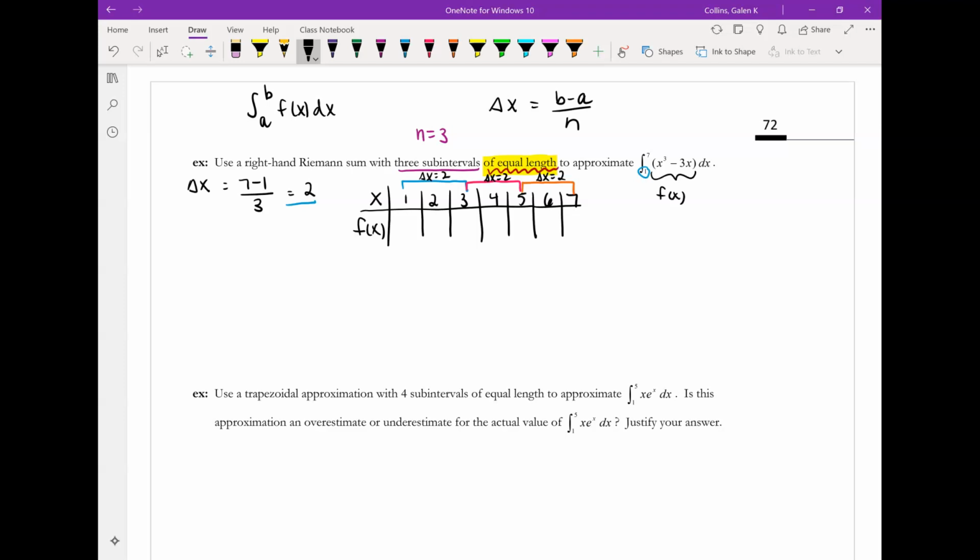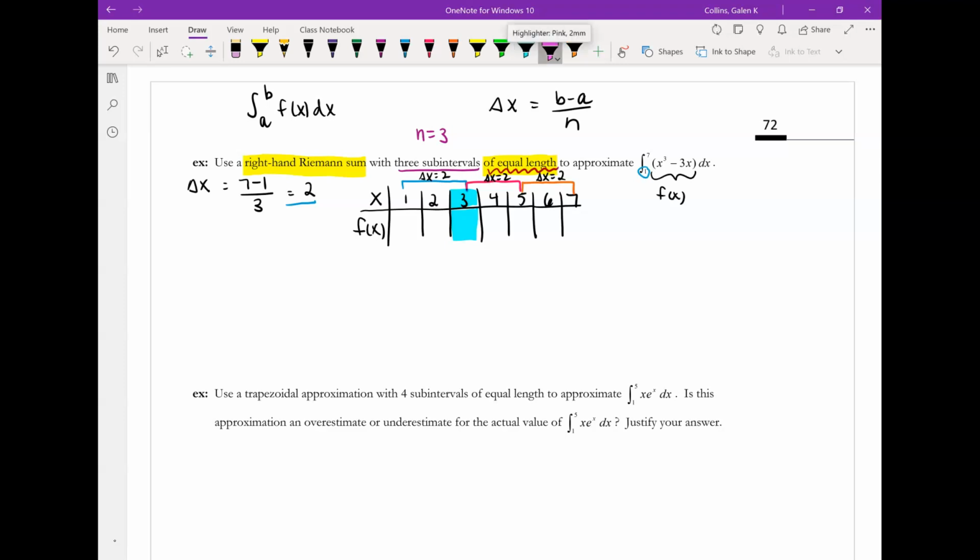Going back to the prompt, we are using a right-hand Riemann sum here. That means my rectangles are going to touch the curve on the right-hand side. So for my first rectangle, which has x equals 1 and x equals 3 as the sides, I need to use the 3, so I'm going to have to figure out f of 3.